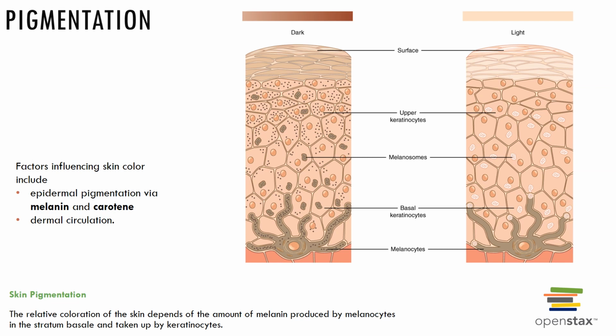Skin tone is determined by the amount of melanin produced, not the number of melanocytes. Variations in gene activity will produce this variation in color. Freckles and pigmented moles are also local accumulations of melanin.